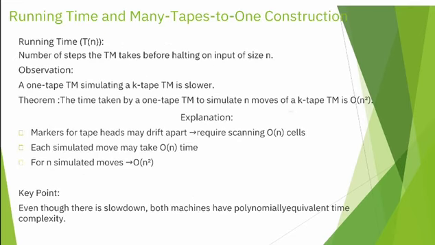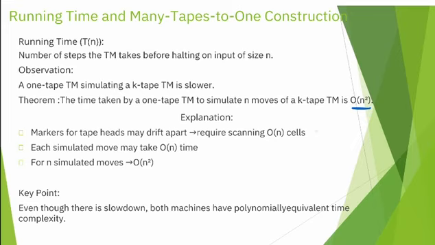When a one-tape Turing machine simulates a multi-tape Turing machine, it becomes slower. So the important theorem is here: simulating n steps of a k-tape machine takes big O of n square time on a single-tape Turing machine. But why?